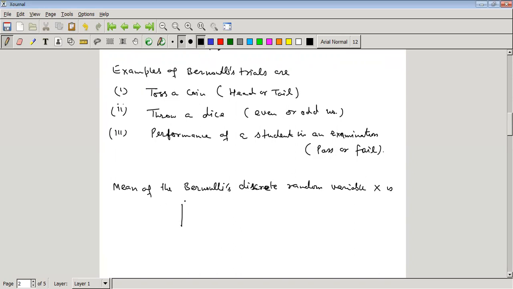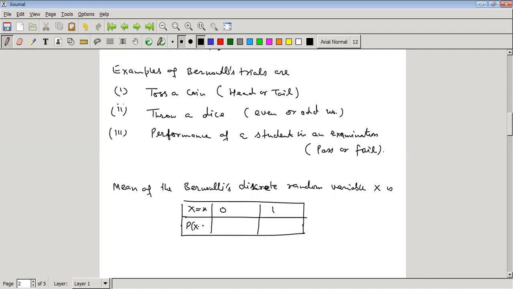We have two values, x equal to 0 or x equal to 1. And what are the probabilities? When x equal to 0, we have probability q, and when x equal to 1, we have probability of success, that is p.